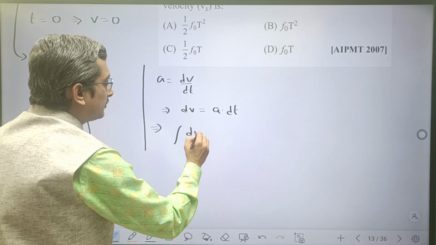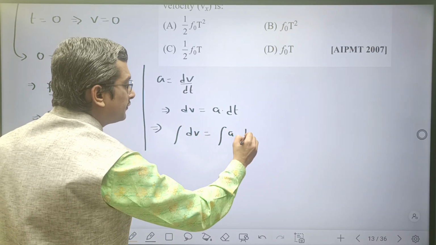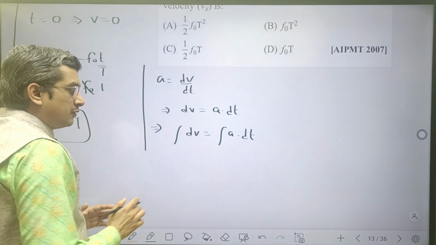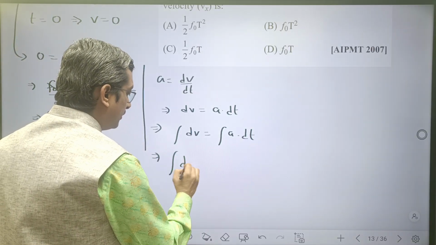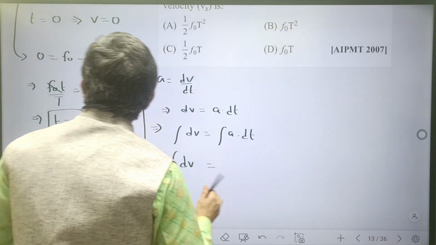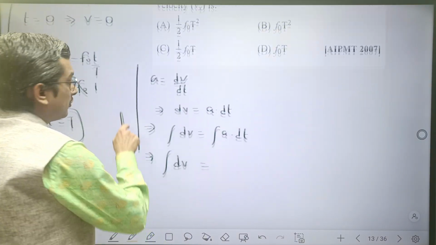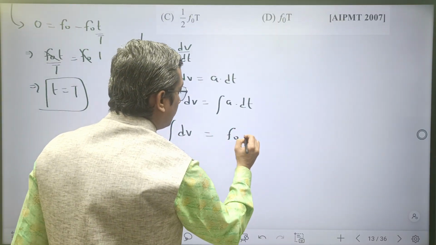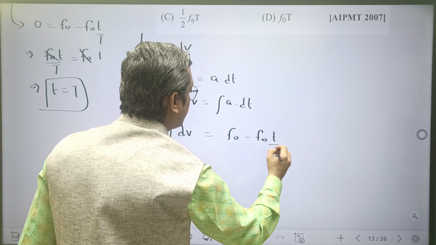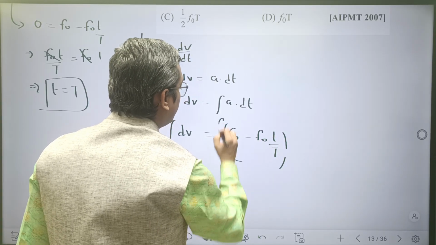So here if I integrate this, we will get the velocity, isn't it? So first of all, here it is dv, and instead of a, I must write the expression given, that is f naught minus f naught t by T. So we have to integrate this.